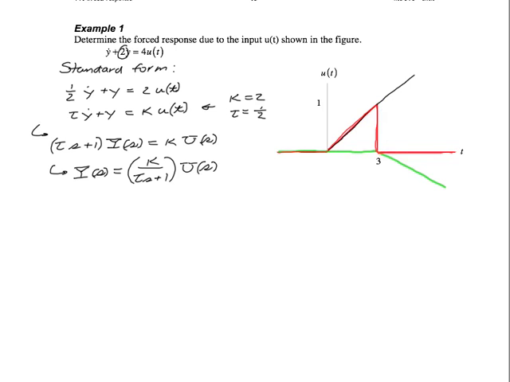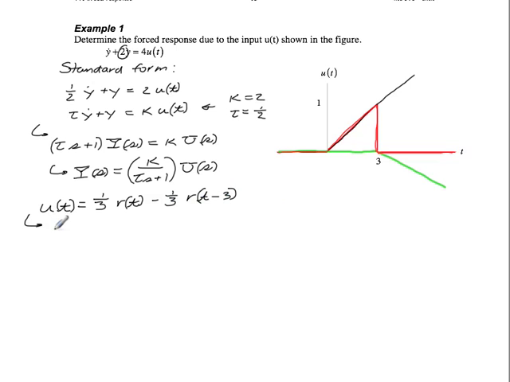So I'm going to write u of t as 1/3 of the unit ramp, r of t, minus 1/3 of the unit ramp function shifted in time by 3.